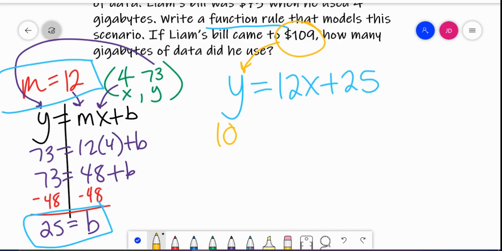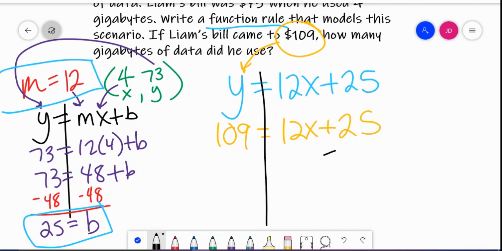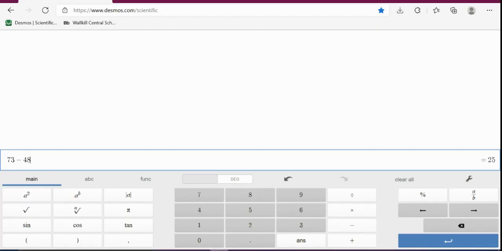So we have 109 equals 12x plus 25. And then we solve our lovely equation. Minus 25 from both sides. 109 minus 25 is 84.